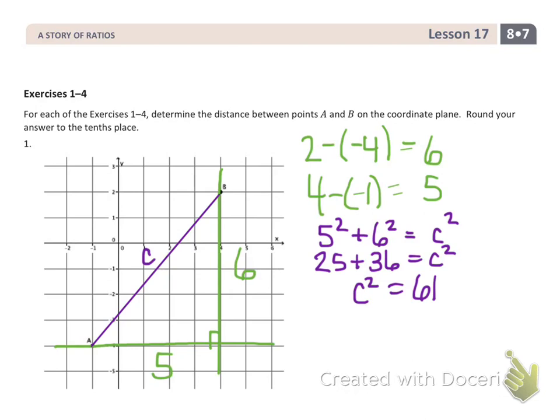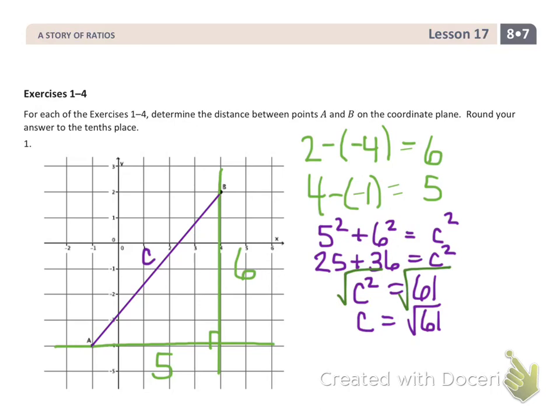61. So now I can take the square root of both sides. I'll show that in a different color. So the square root of both sides there is going to give me the square root of C squared is C is equal to the square root of 61. Which I can't think of any factors, certainly no square factors, so that is simplified.